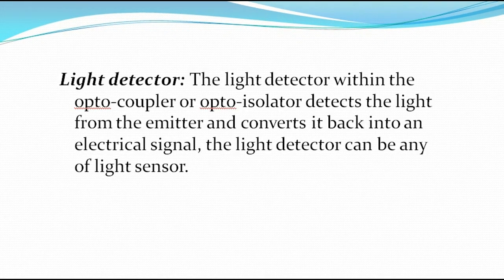Now, this is the light detector. You can call it the light detector or the light sensor. The light sensor within the optocoupler or opto-isolator detects the light from the emitter and converts it back into an electrical signal. The light detector can be any of the light sensors I have mentioned before: a phototransistor, a photodarlington, a phototriac, or a photo SCR, all depending on your choice.